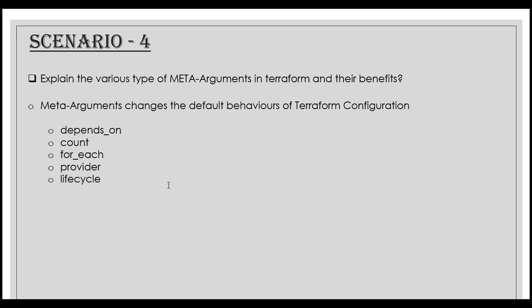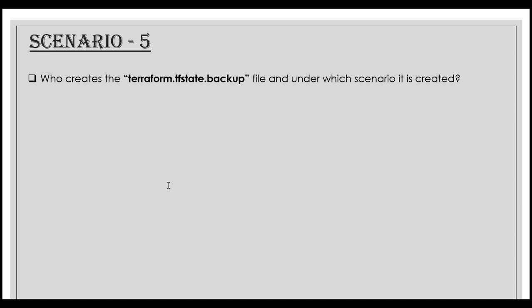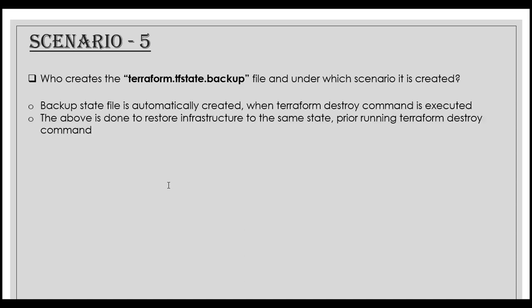Coming back, next question: who creates the terraform.tfstate.backup file and under which scenario is it created? Very important question. If you have noticed, when you are working with Terraform, there is a file which gets created, terraform.tfstate.backup. This file is automatically created by Terraform when you run the command terraform destroy.